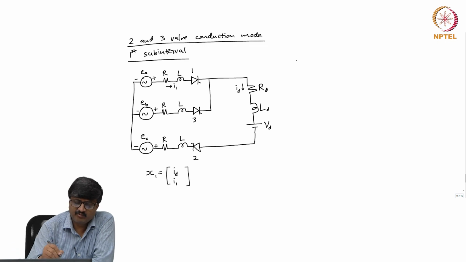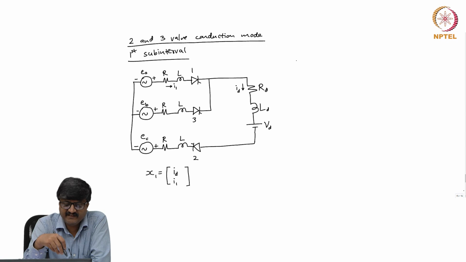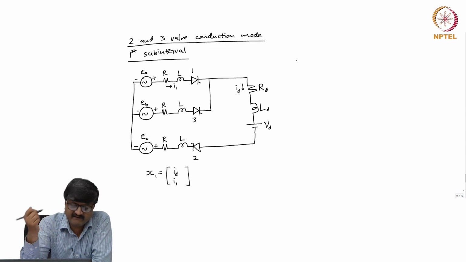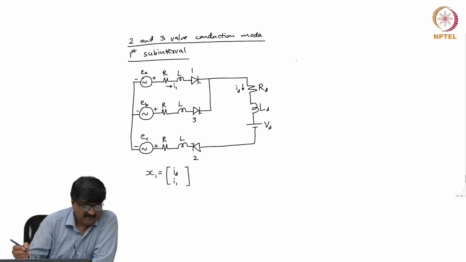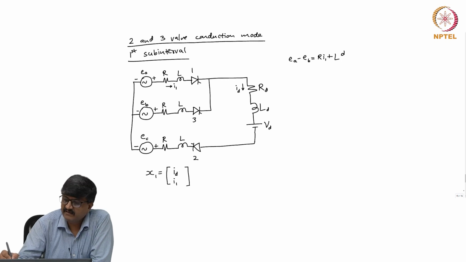If I take the loop consisting of EA, EB, R and L in series with EA, R and L in series with EB and valves 1 and 3, then by Kirchhoff's voltage law, EA minus EB is equal to R I1 plus L dI1 by dt.